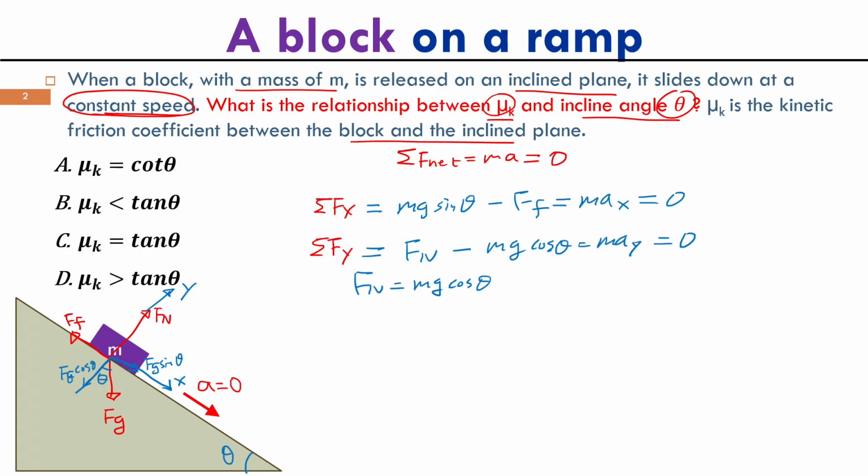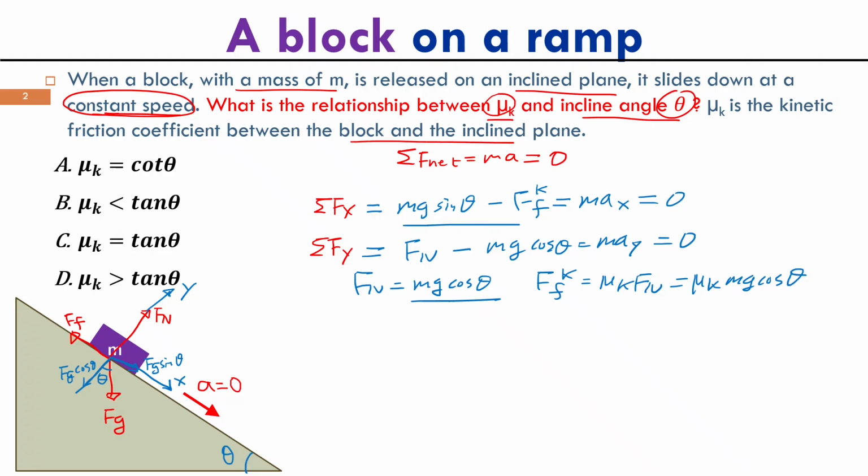And because the block is moving, the friction force here is kinetic friction. And we know the kinetic friction force equals mu k times the normal force. And this is my normal force. So my kinetic friction force is mu k times mg times cosine theta.